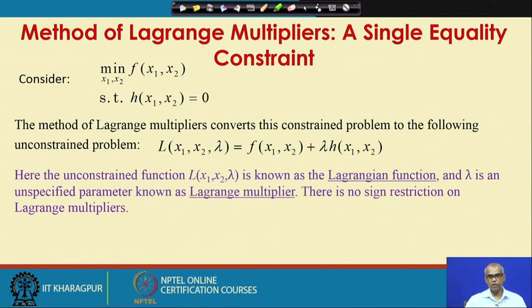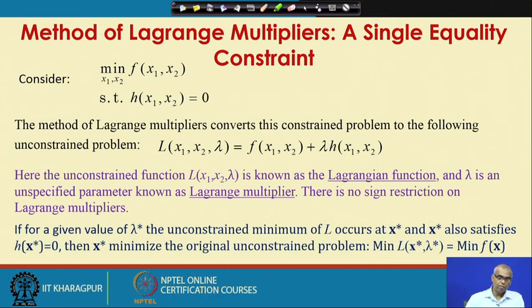The unconstrained function L is known as the Lagrangian function and lambda is the Lagrange multiplier. Remember, there is no sign restriction on the Lagrange multipliers. We will talk more about it later in today's lecture.